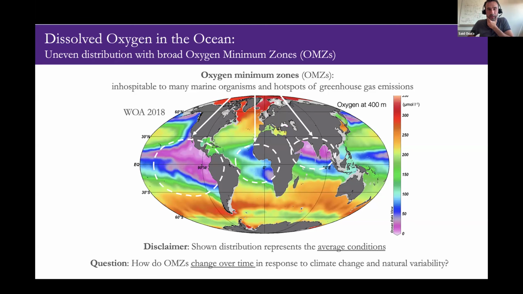They shape the marine life and marine ecosystems, and they are also responsible for some feedbacks within the carbon cycle. We were interested in going beyond statistical analysis and climatological distributions, and we wanted to study the time variability of oxygen minimum zones over different time scales, ranging from seasonal to interannual and to larger time scales in relation to climate change.